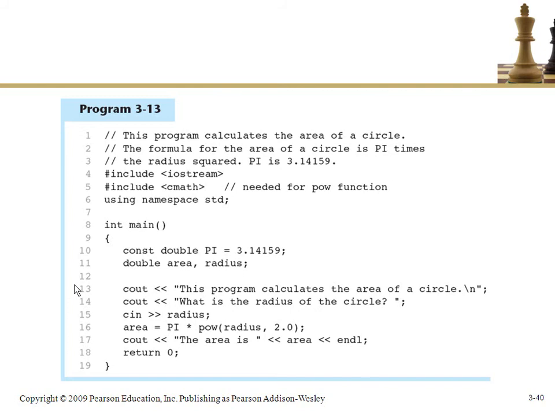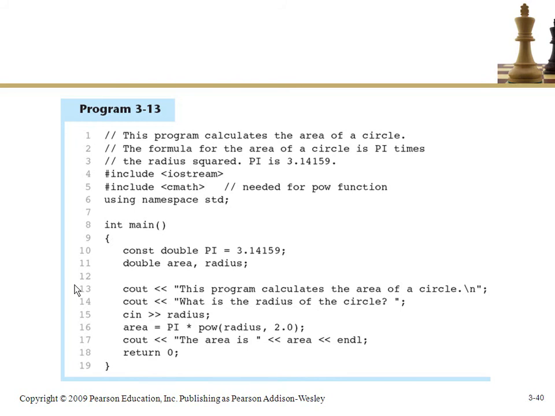We're going to define pi as 3.14159, and we're going to be using a function from the standard cmath library. So in line 5, we're going to include cmath as a header file.